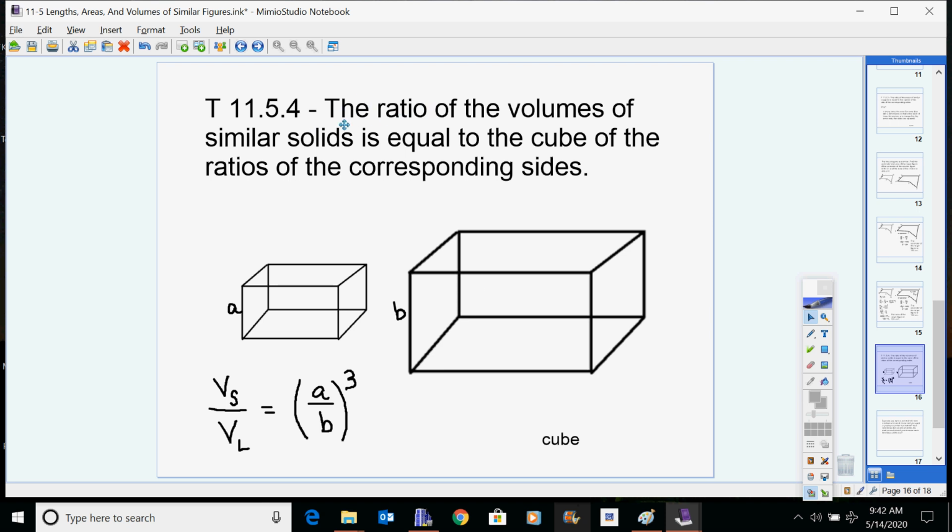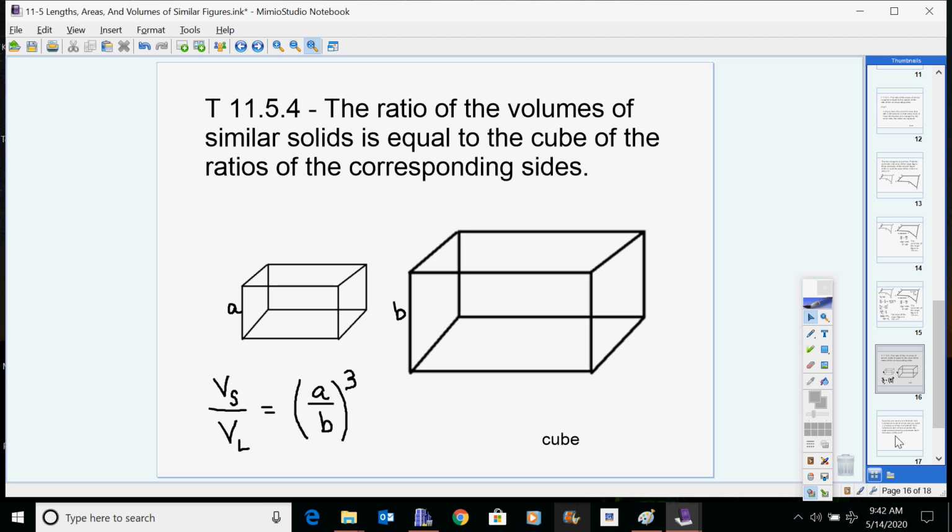And so when we look at the ratio of the volumes, once again, I used S and L, smaller and larger, as my subscripts, just to keep track. It doesn't do anything. You're not multiplying it or doing anything with these. It's just for labeling purposes. So the volume of the smaller compared to the volume of the larger is the ratio of the sides to the third power.